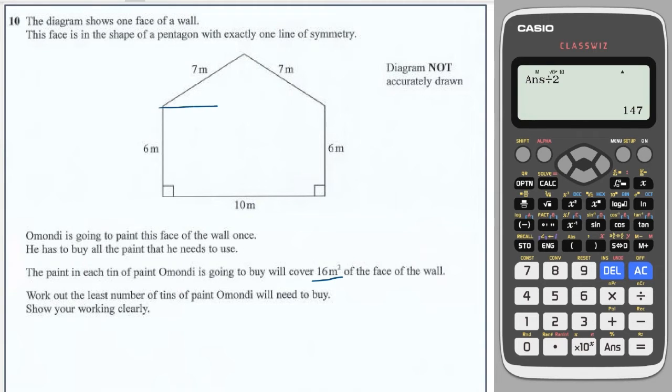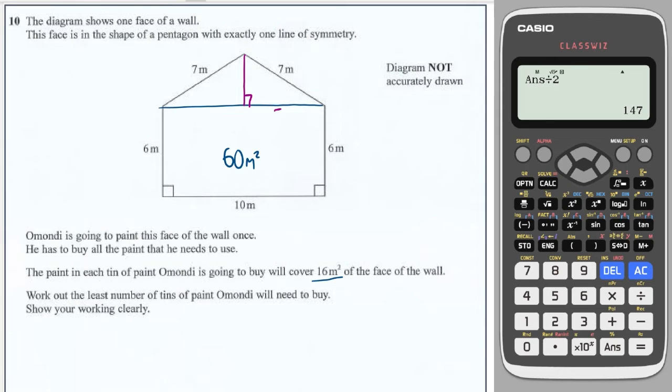So we're going to split this up like that because it's got one line of symmetry. So we know it goes right down there. So we can split it up into a triangle and a rectangle. This is 60. And we need to use exactly the same method to work out this triangle here.